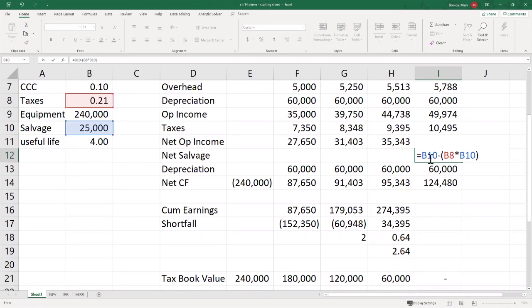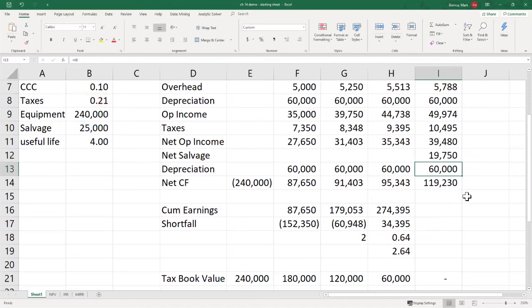So we've got the salvage value, B10, 25,000, minus 21% of 25,000, which is the taxes that the government is going to require from our little firm. So 25,000 times 0.21 is 5,250. So 25,000 minus 5,250 gives us 19,750. That's kind of the last step for closing out if this was a for-profit entity.